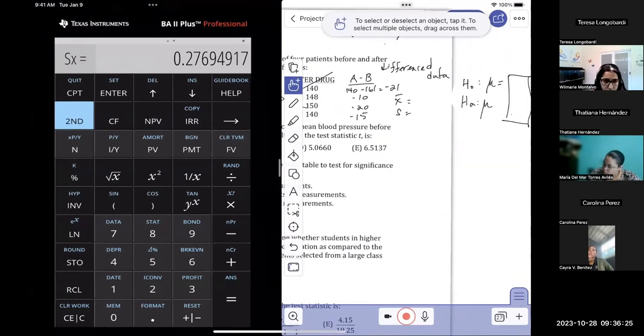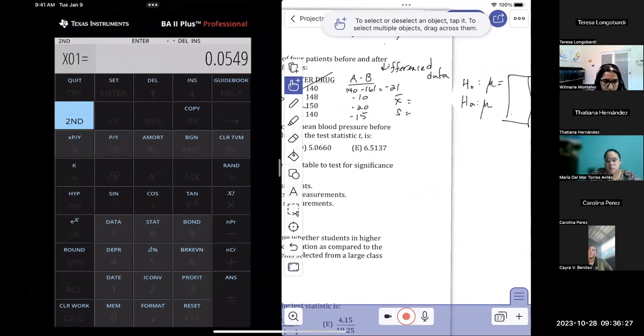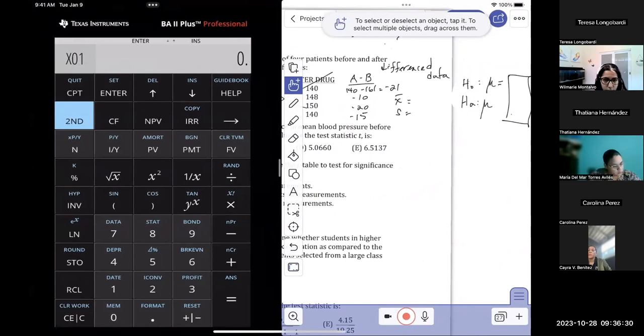So you're going to put seconds data, clear, and I put in 21 negative and 10 negative and 20 negative and 15 negative.